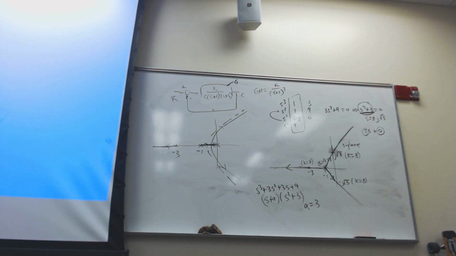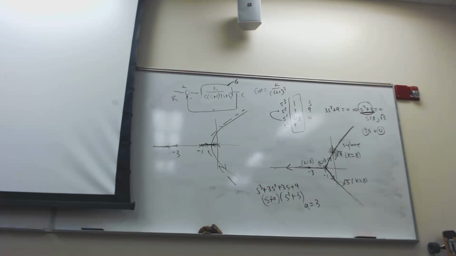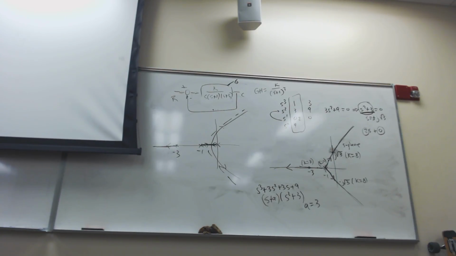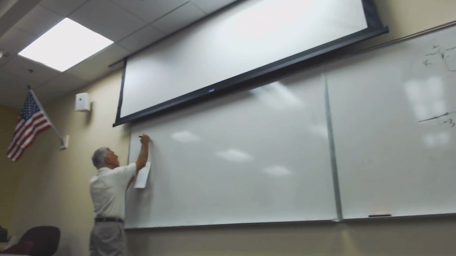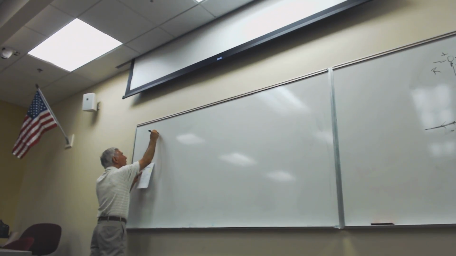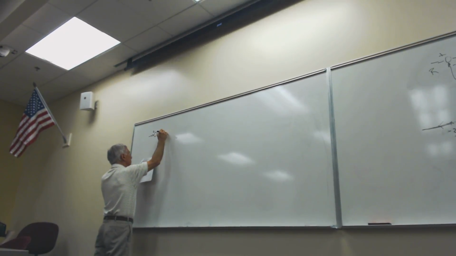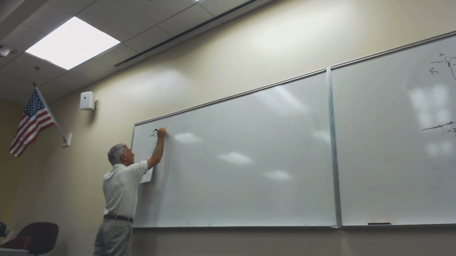An introductory example to the root locus. We have k times (s plus 1) over (s plus 3).